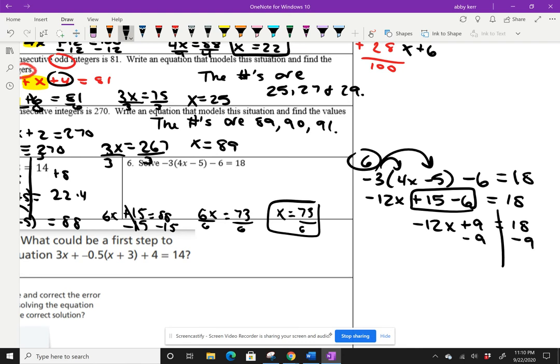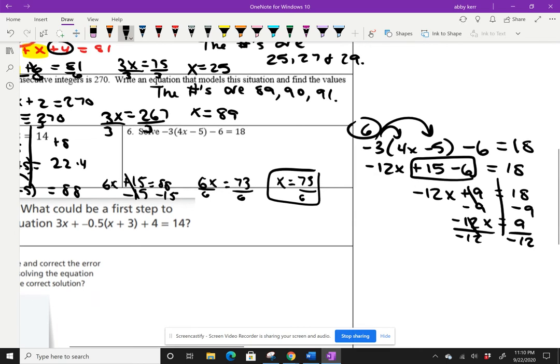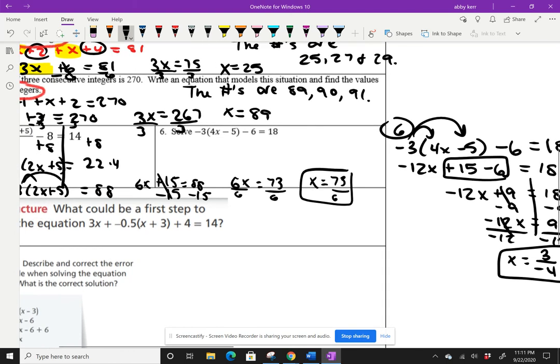Minus 9 on both sides. And then divide by negative 12. So please simplify this, x, and you can divide 3 out. So it's negative 3/4. If you do negative 0.75, that would be fine as well.